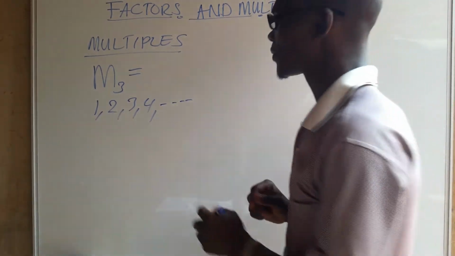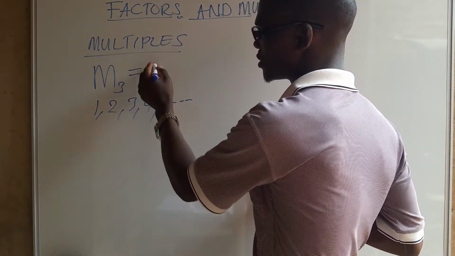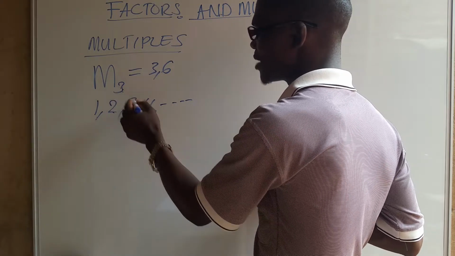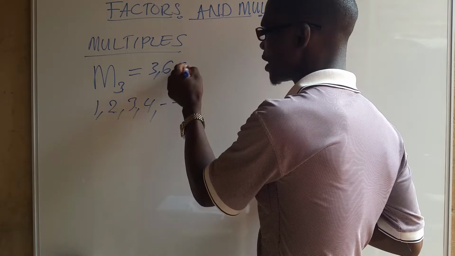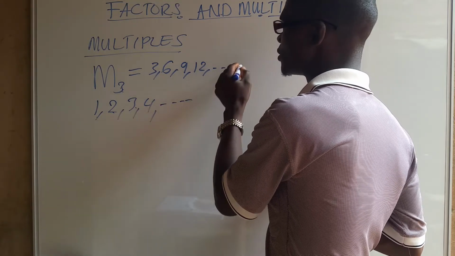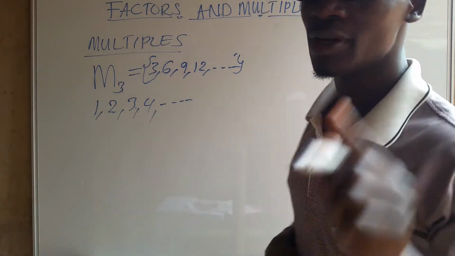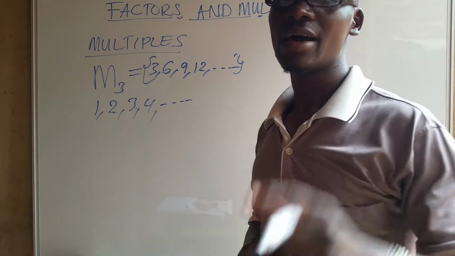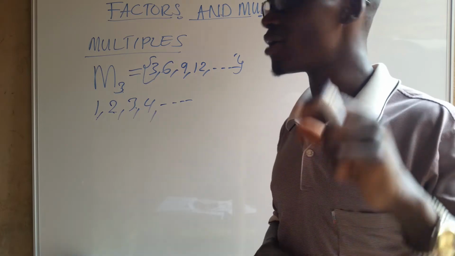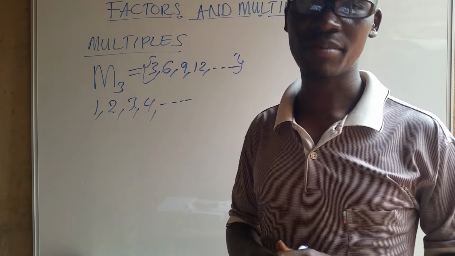That is to say, the multiples of 3 equal 3 times 1, which is 3; 3 times 2, which is 6; 3 times 3, which is 9; 3 times 4, which is 12, and so on. So these are the multiples of 3. Therefore, multiples of a number are those numbers one obtains after multiplying that given number by other natural numbers.